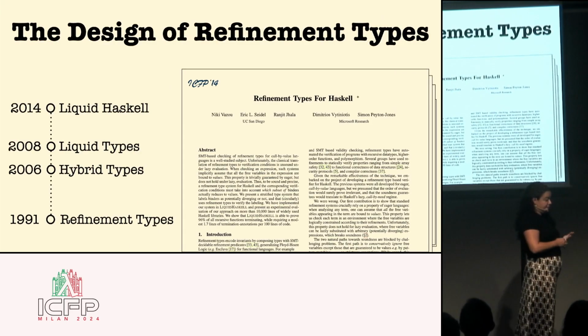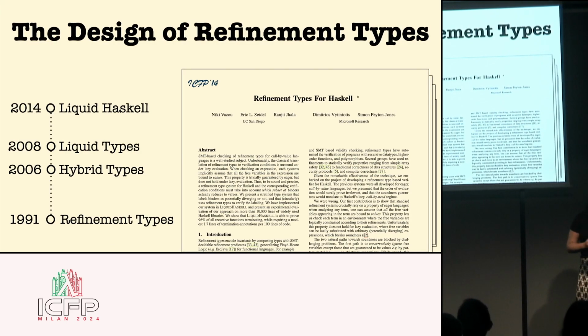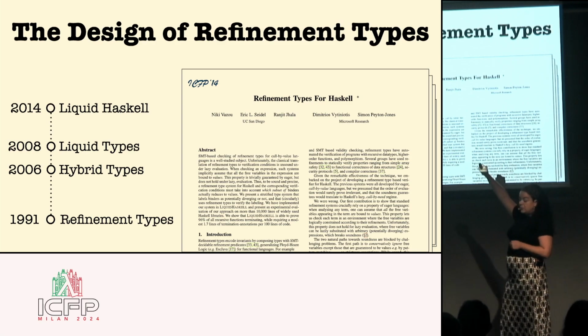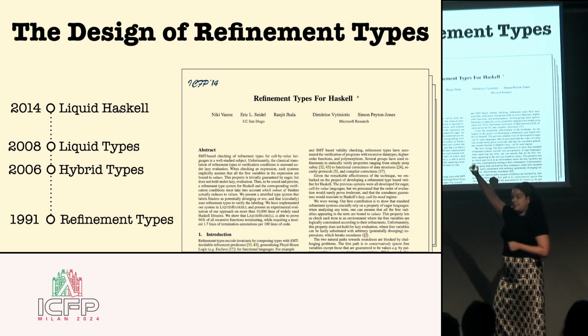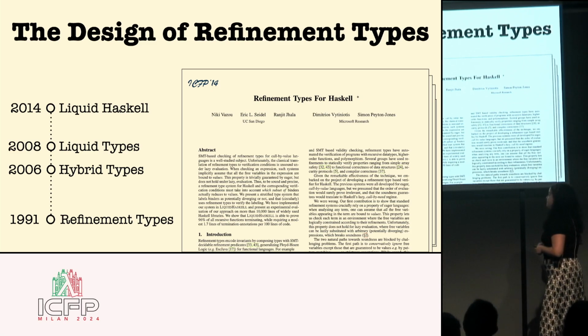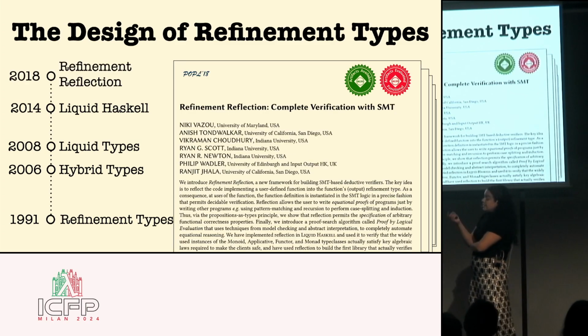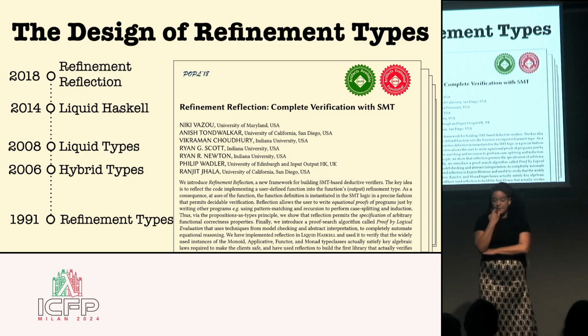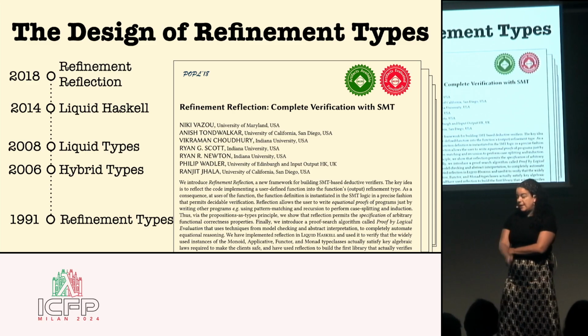Okay, so we have the Liquid Haskell implementation, and we said liquid types are very good because they gave decidable, efficient type checking, but they really restricted the expressive power of verification with refinement types. So the next important step in Liquid Haskell was refinement reflection.